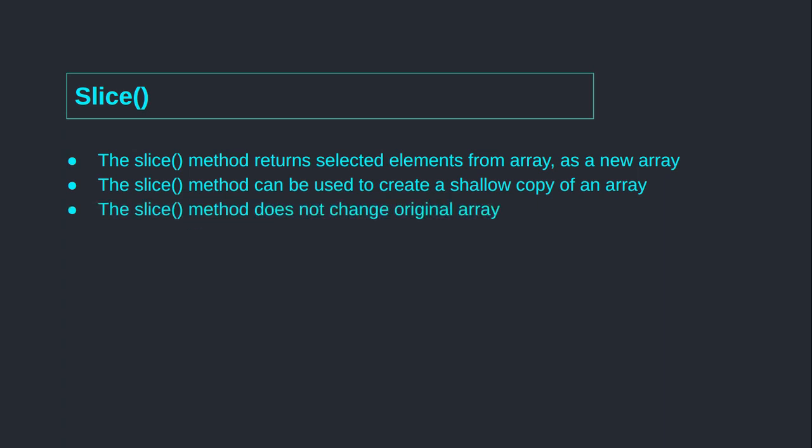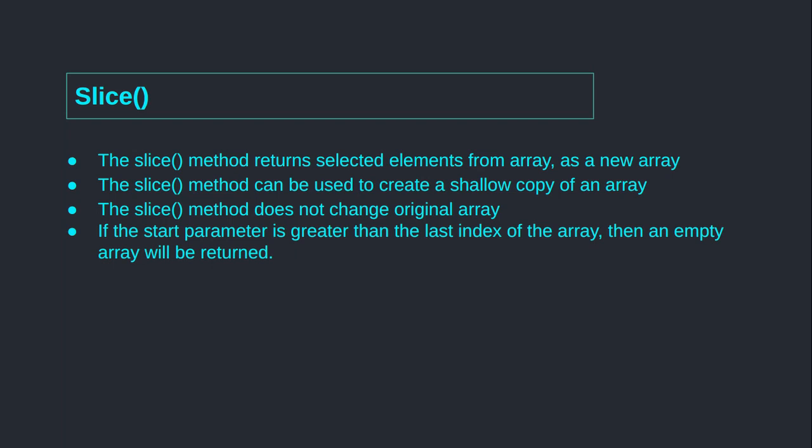The slice method does not change the original array, it gives a sub array from the original array. These are the main three things we have learned, with practical examples. And if the start parameter is greater than the last index of the array, then an empty array will be returned.